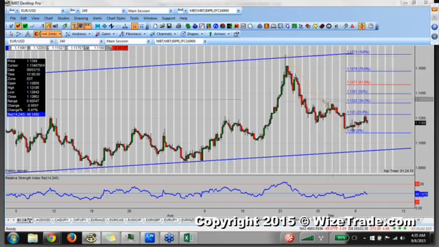Now, like I said, sometime this week, if given the opportunity to short the euro dollar on a rally back to 113, I'm in. I would like to short this zone, from 113.25 to 114 basically, okay?